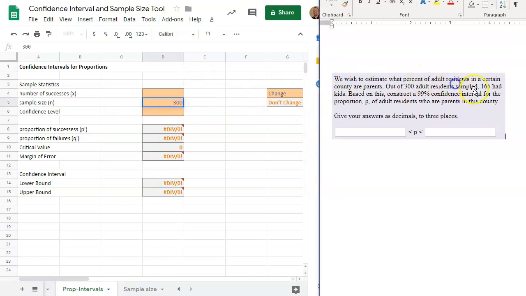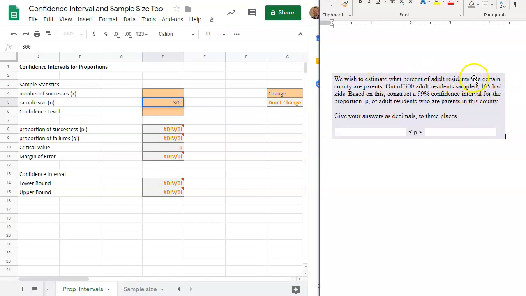300, 165 of them had kids. So that is what we are considering success. Now, success can be whatever the topic is involved or whatever the stated goal of determining is mentioned in the problem.